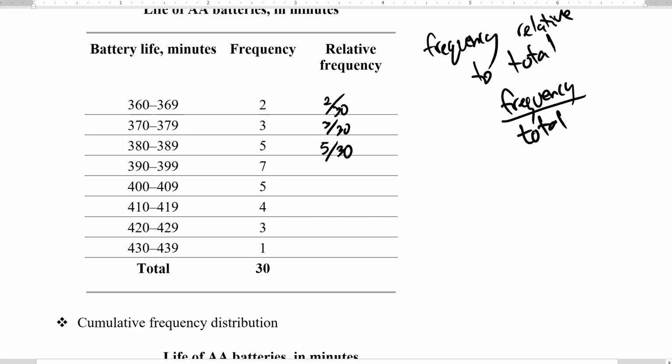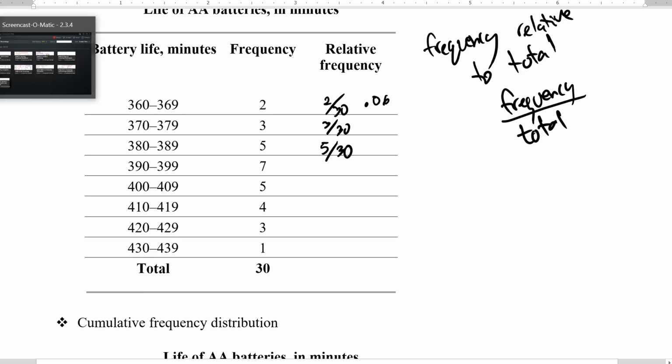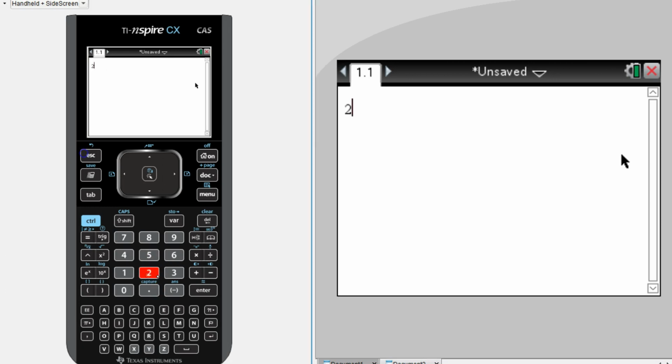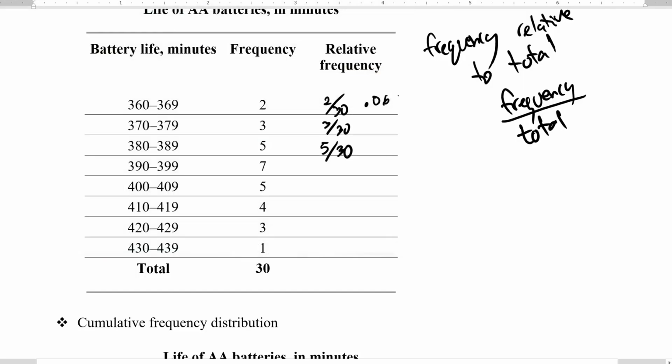So 2 out of 30 would be what would it be? 0.06, I think. Let me double check that. 2 out of 30. Yeah, 0.0666, so 0.067 due to 3 decimal places.